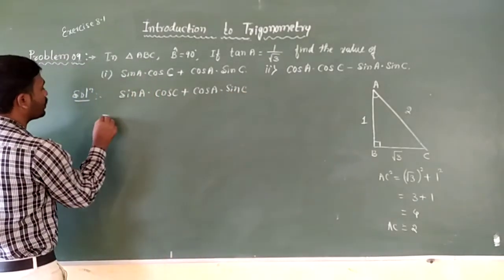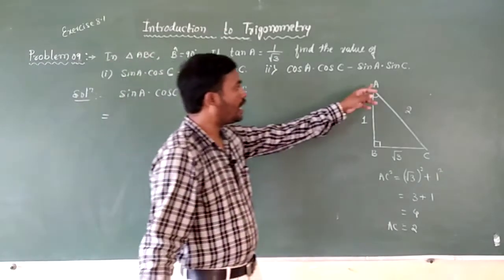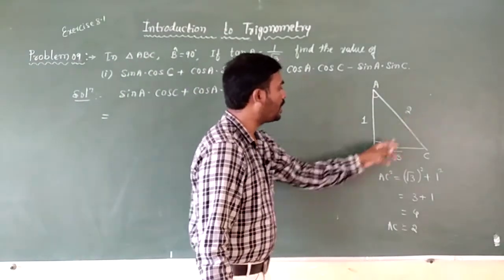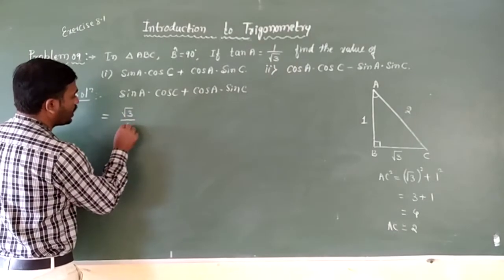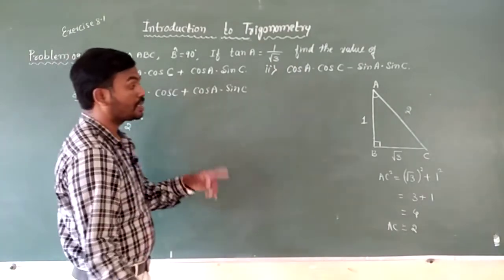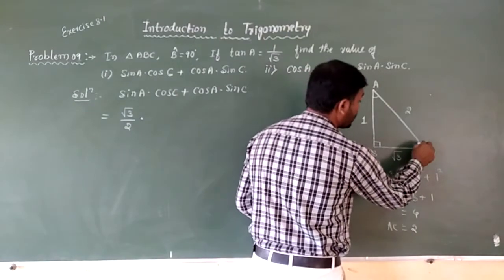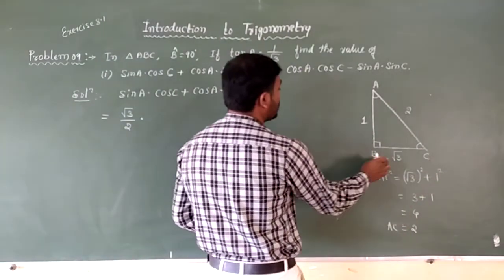Let us find the solution for this one. Sin A is opposite divided by hypotenuse, that is root 3 divided by 2, into cos C. Cos C is what?